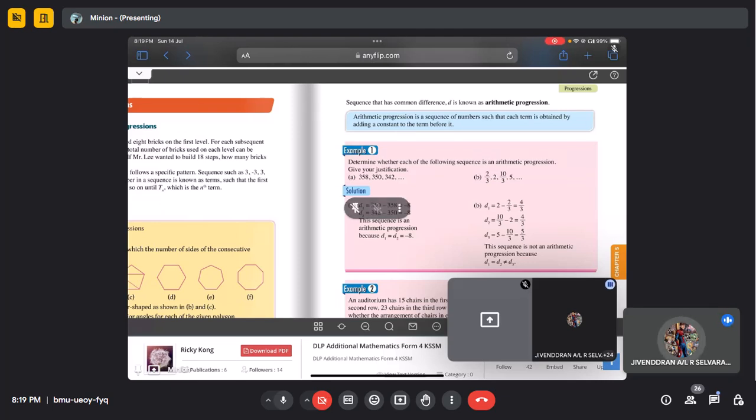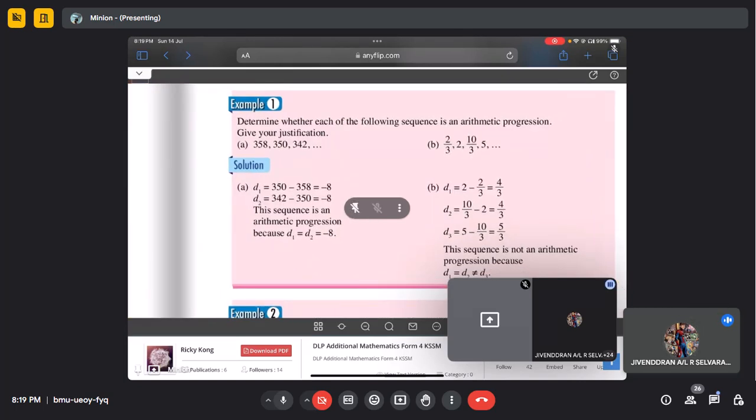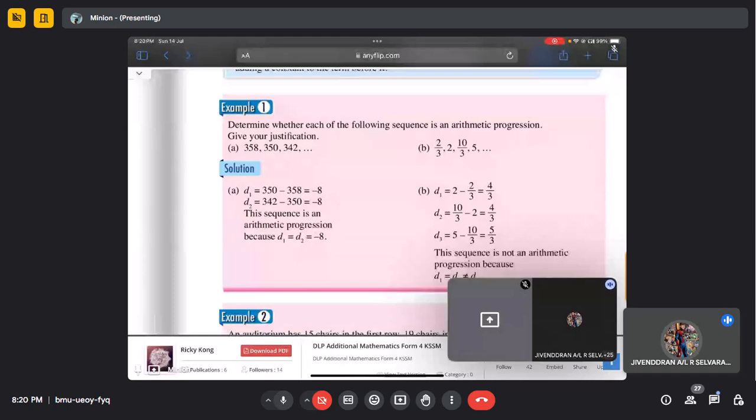Determine whether each of the following sequences is an arithmetic progression. Give your justification. For A, it's 358, 350, and 342. How can we determine if that progression is an arithmetic progression? You take one term and minus the term before it.